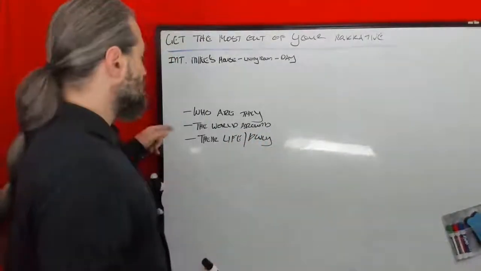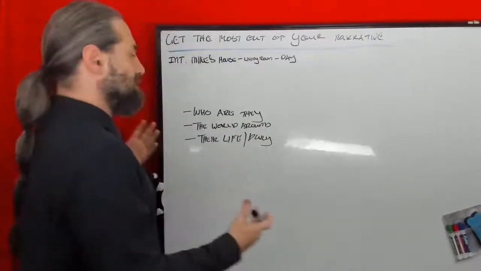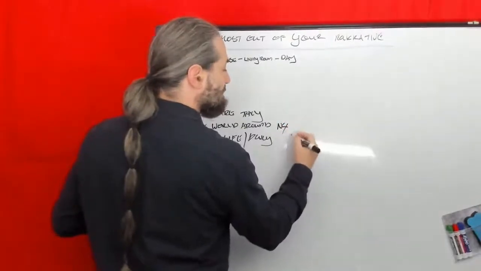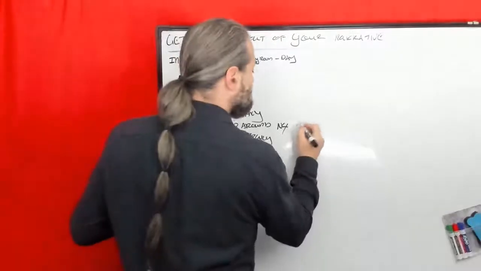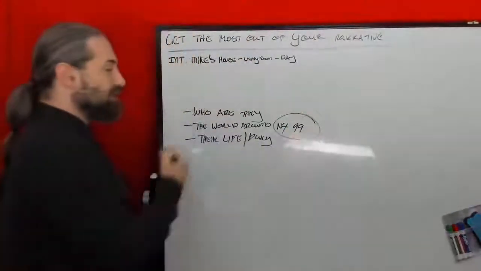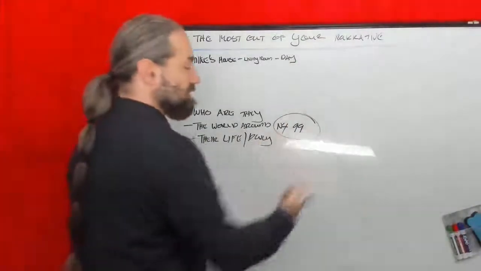So the world around them is like, are they in LA? What year is it? Let's say it's New York 1999. So that's the world around them. What is New York during that time?